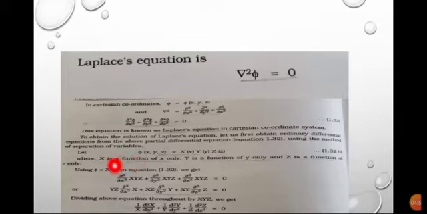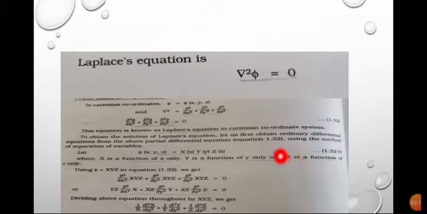Here YZ is constant, so taking it outside we have YZ into del square by del x square of X, because X is a function of x only. Similarly, we can write the second term as XZ into del square by del y square of Y, and similarly the third term.